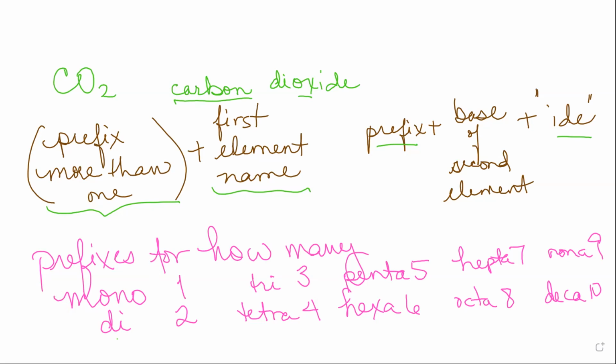Metal, non-metal, right? So that's part of how you can tell the difference, because now what we're doing is, depending upon the substance, you're going to have a different rule, and you've got to know what your substance is before you know what rule to follow. Okay, so let's do another one.